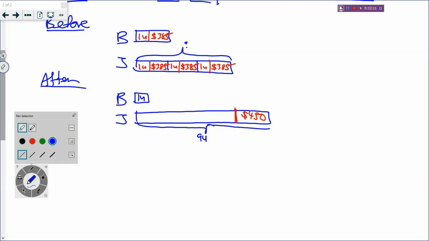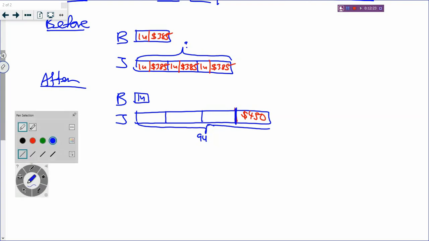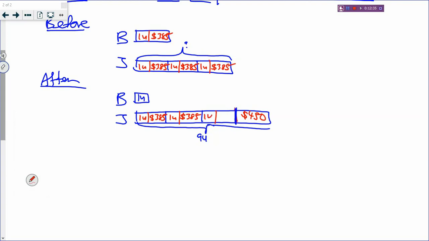So if you notice carefully, in the before model, Jenny has 3 times, right? 3 times before she received $450. So what do I do with these 3 boxes? I do the same thing. I cut 1 unit and 385, and I cut 1 unit again, 385, and I cut 1 unit again and 385, right?